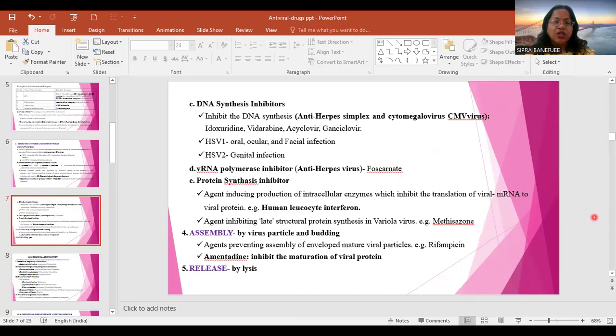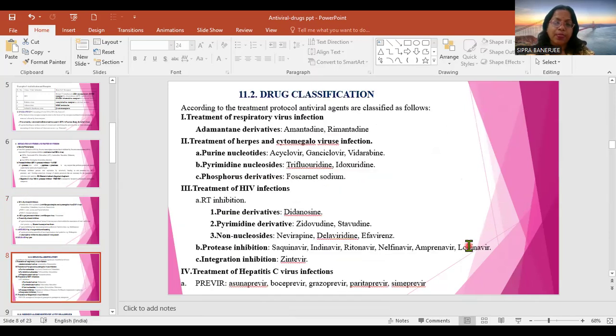Now there is another category of drugs, DNA synthesis inhibitors, that inhibit DNA synthesis, that is, the anti-herpes simplex and cytomegalovirus drugs, RNA polymerase inhibitors, protein synthesis inhibitors, and assembly inhibitors. Sometimes some antiviral drugs prevent the assembly of the virus particle. Then some drugs act on release by lysis, that is, the genetic material released by the lysis process.